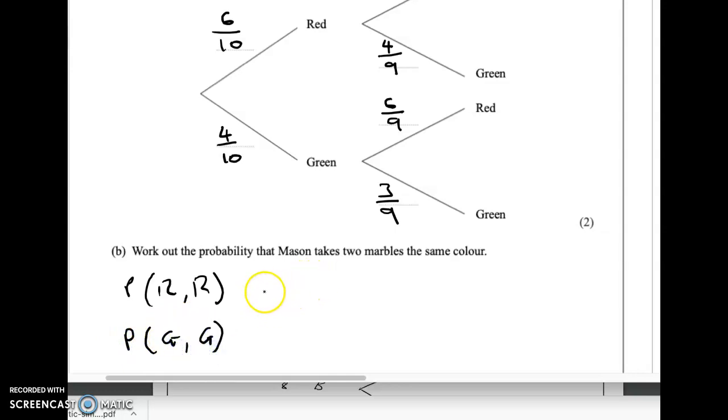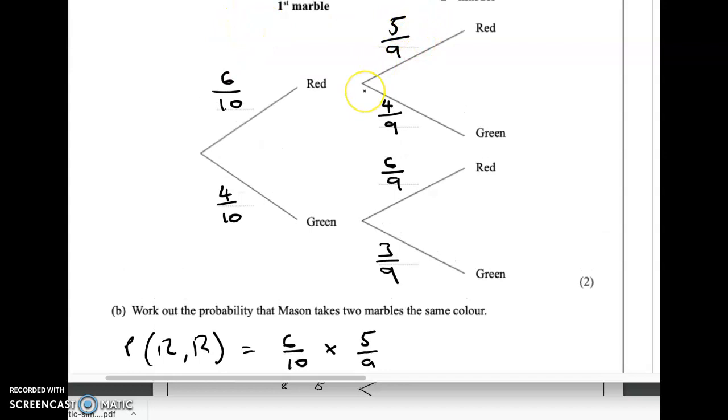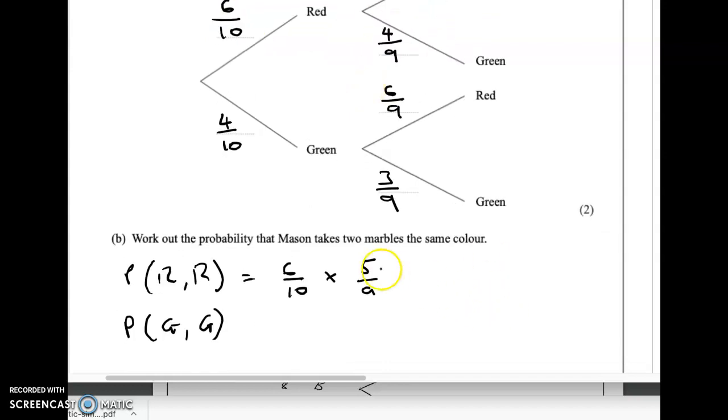So the probability it's red and red is going to be 6 over 10 times 5 over 9. Yeah, this probability times this one, and that equals 30 over 90.